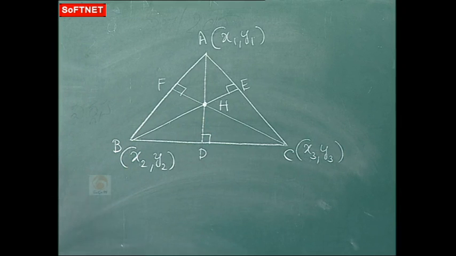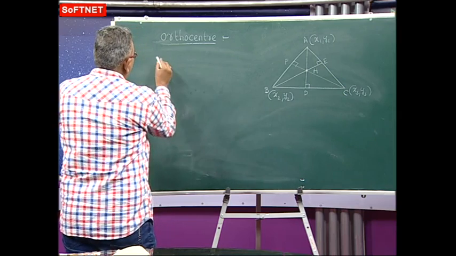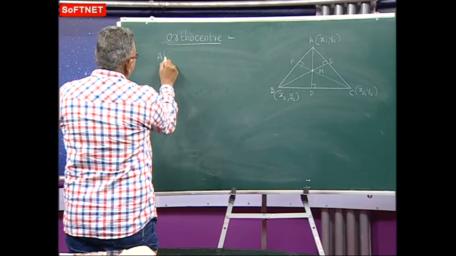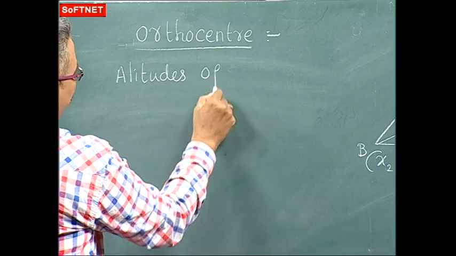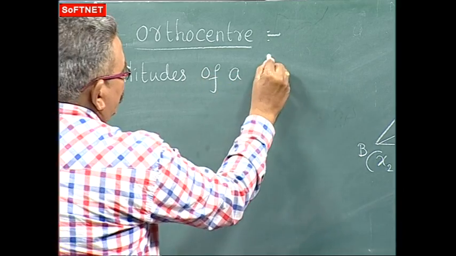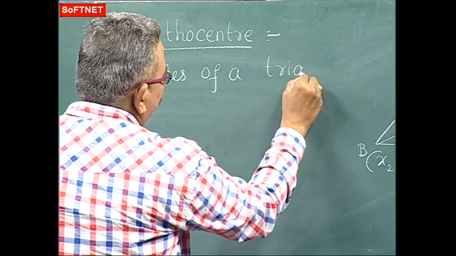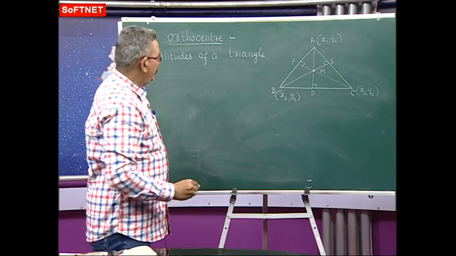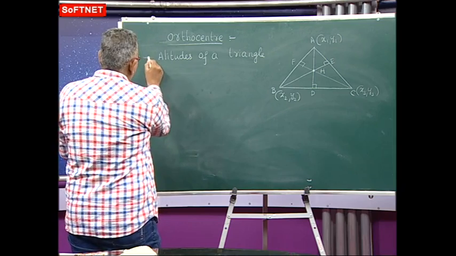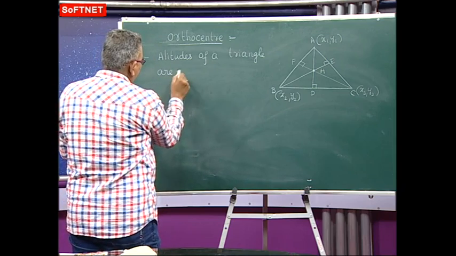So now, altitudes of a triangle are concurrent.